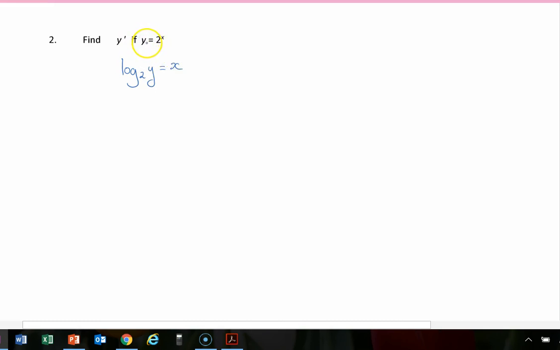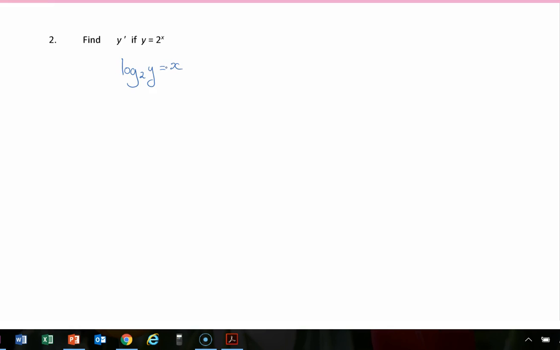So the log of any number to a given base, and the base I'm choosing is 2, would be x. Now, you might think that's not very helpful, but what we could do is differentiate x with respect to y. So that's what we're going to do.